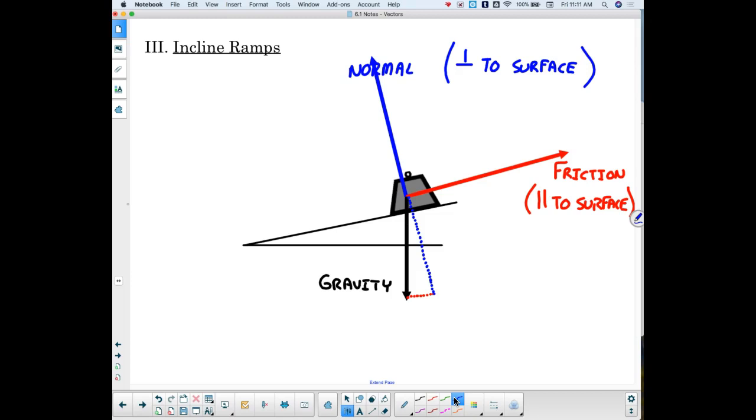And the nice part about that triangle is that whatever angle your ramp is inclined, that is the same as this angle right there.